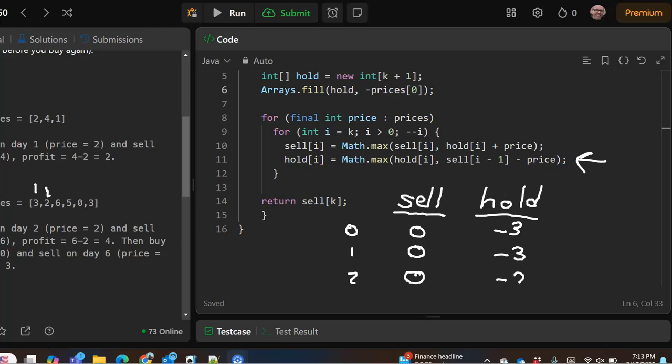So that represents buying the stock at 2. It's better than buying it at 3. This is going to be the same thing. We can't help ourselves by selling it, but we could help ourselves by buying it. So instead of buying at 3, let's say we bought it at 2. Okay.